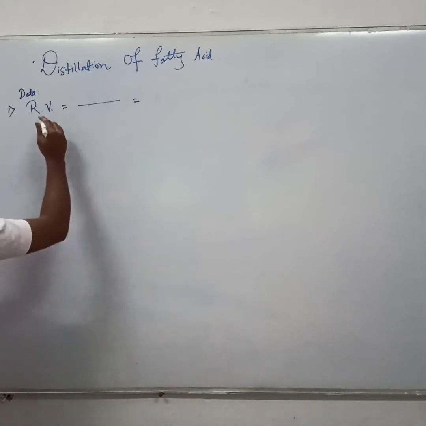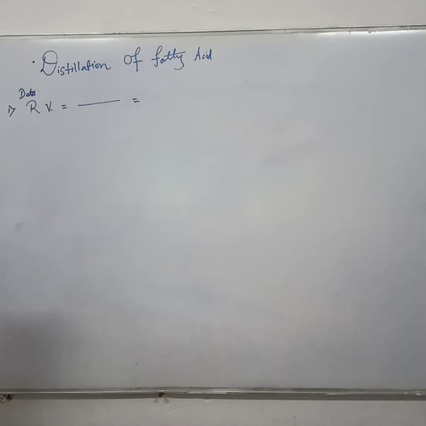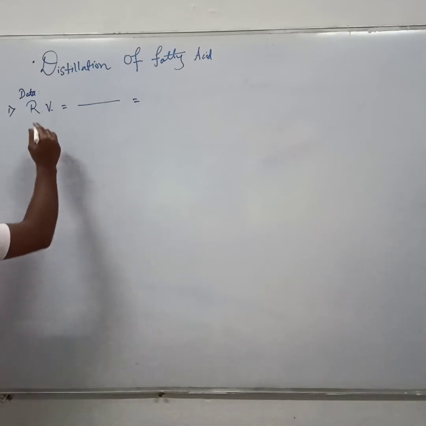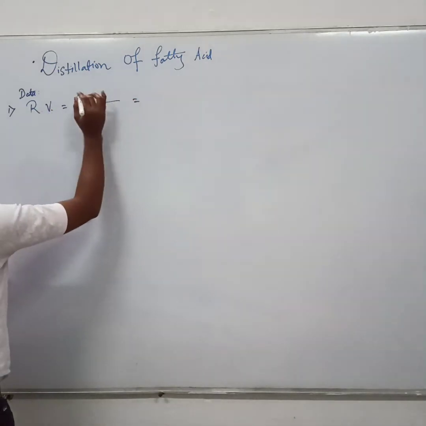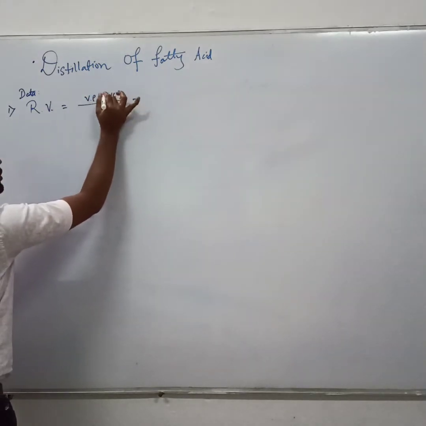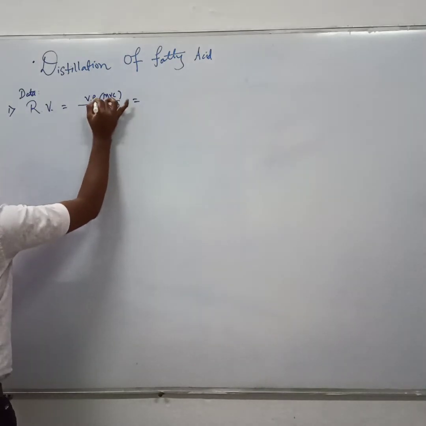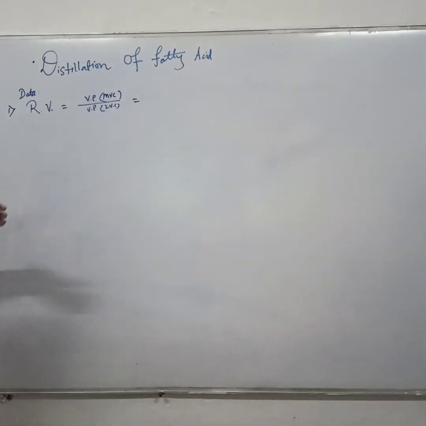So that's why the relative volatility value is not available, and we will find it using vapor pressure data. Relative volatility is the ratio of the vapor pressure of the more volatile component to the vapor pressure of the less volatile component.